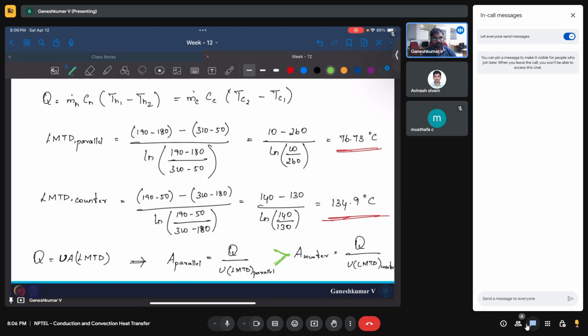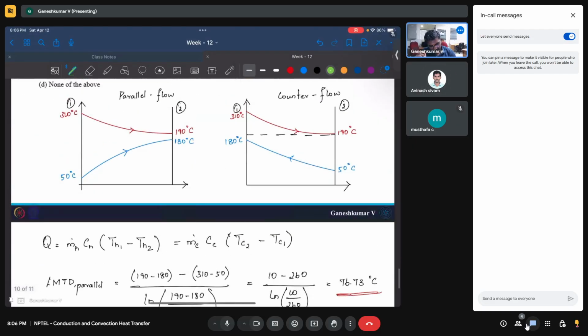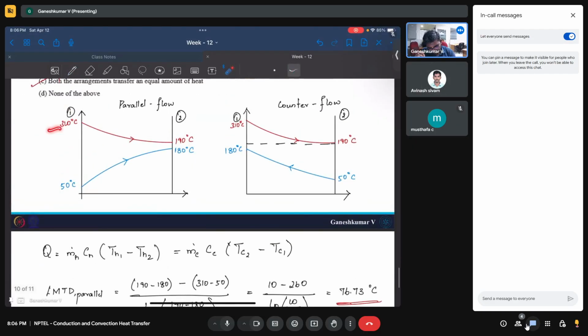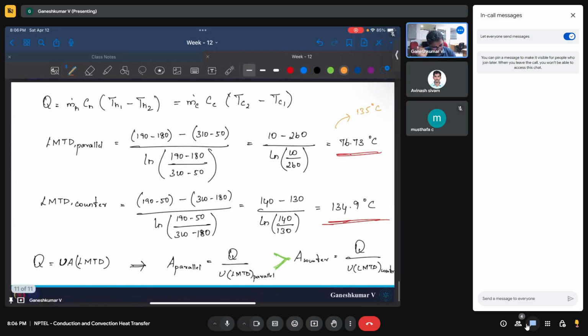This is the LMTD. I'm just giving you an idea. For example, let's say you take a mean temperature based on just delta T1 and delta T2 instead of finding the LMTD. That will be something like 135 degrees Celsius for this, and for this also something like 135 degrees Celsius.